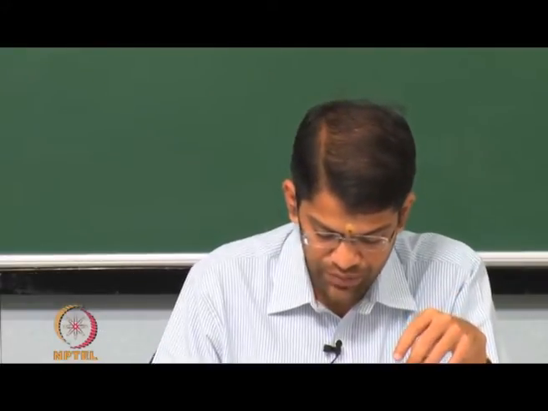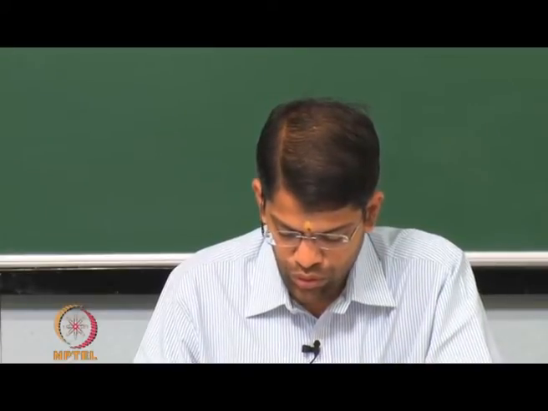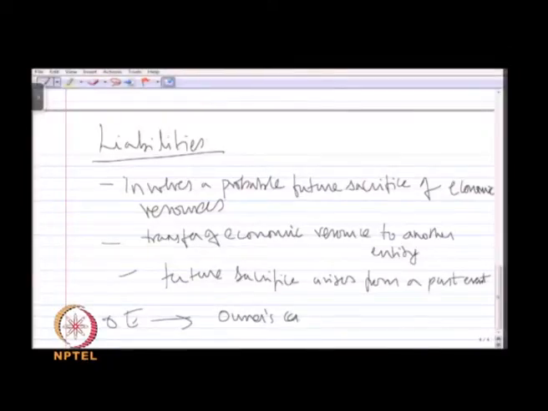Likewise, owner's equity, as we saw at great length, it comprises the owner's capital at par plus additional paid in capital and then the accumulated retained earnings.